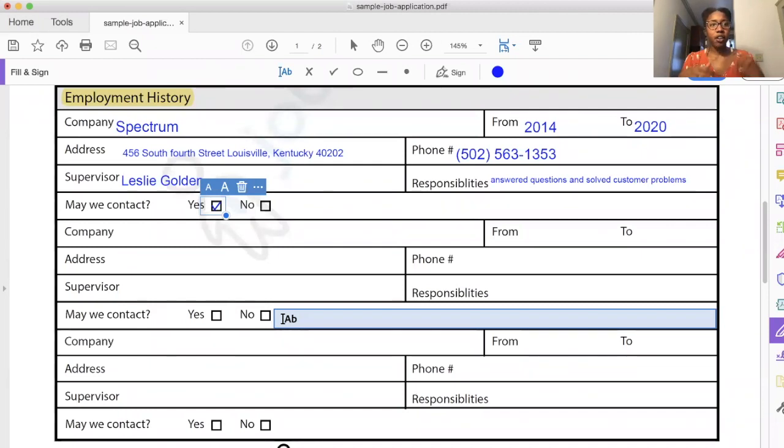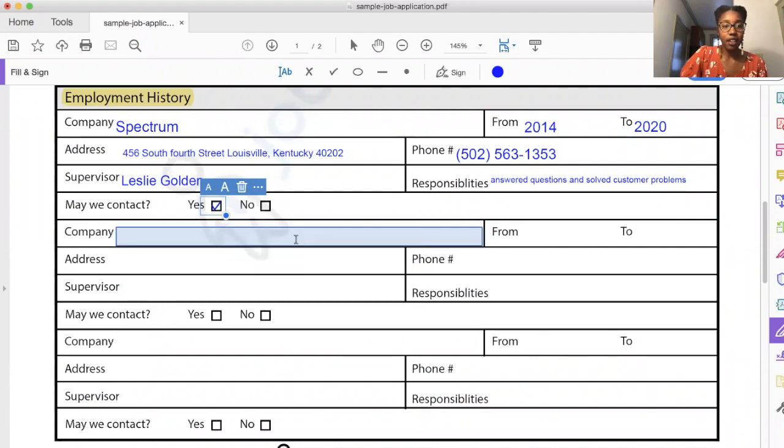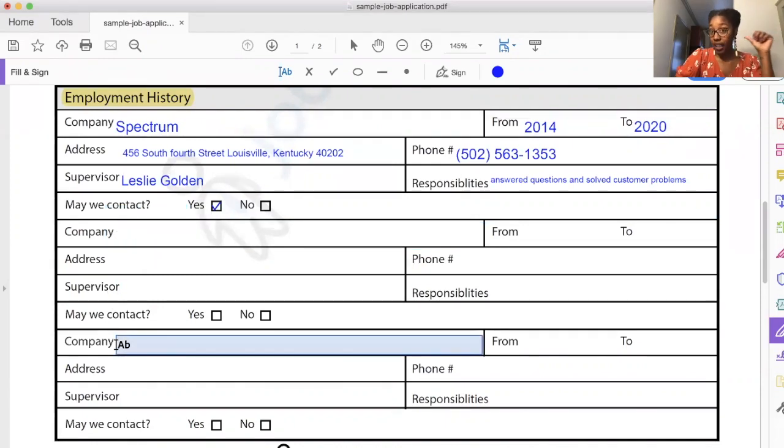And the employer or the company will say, yes, Sarah did work for Spectrum, to make sure the information is true and correct. So you would continue, so maybe Sarah worked for Spectrum, maybe Sarah worked for other companies, and she would fill in other companies that she has worked for in the past.